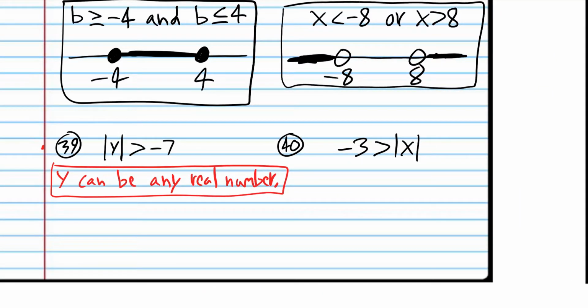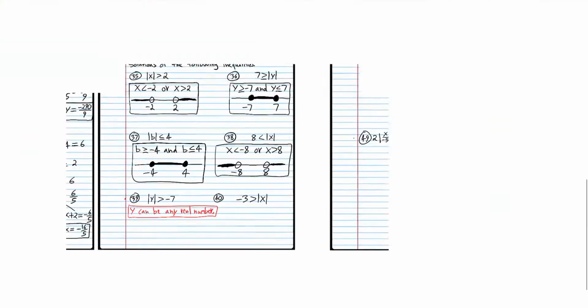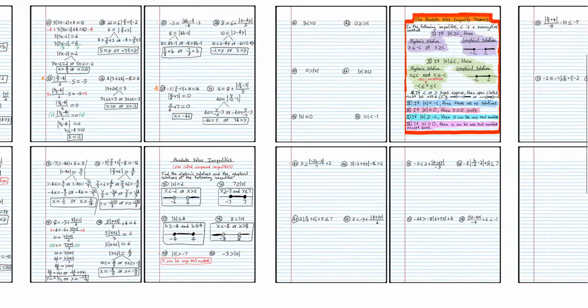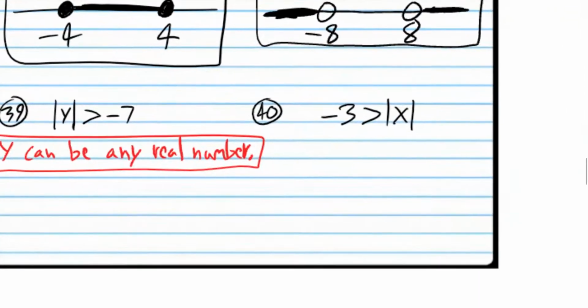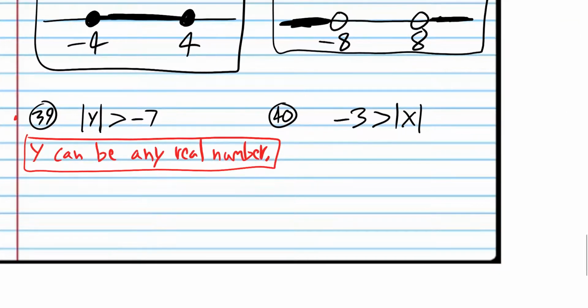Okay, so for number 40, number 40 again is a special situation. Let's try plugging in some values here. Let's say plug in 1. Absolute value of 1 is 1. So is -3 greater than 1?